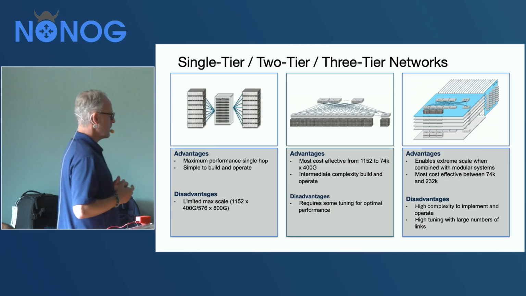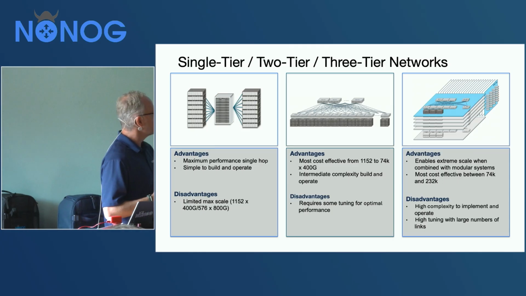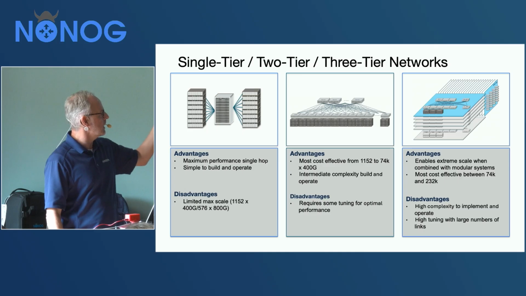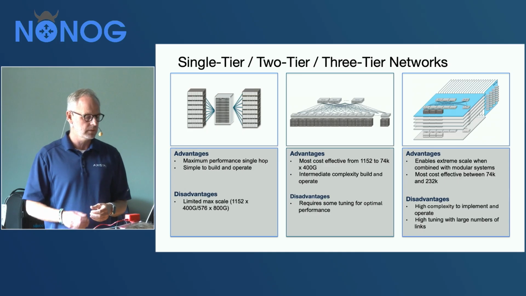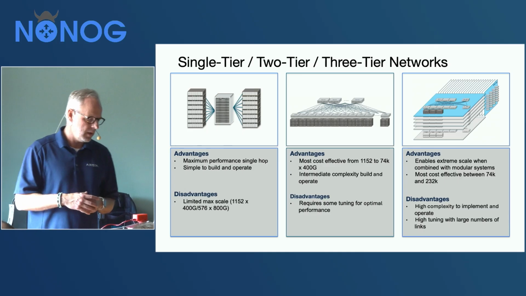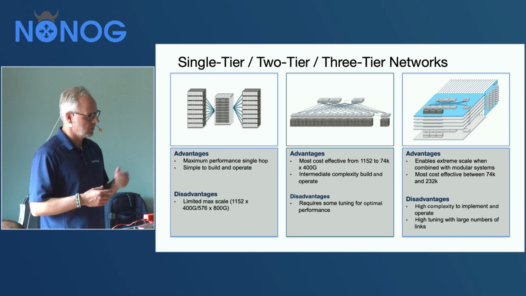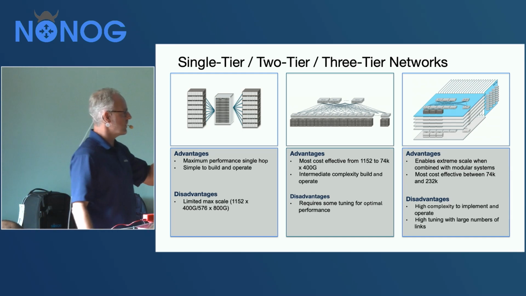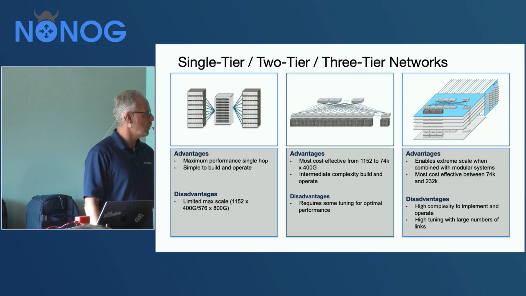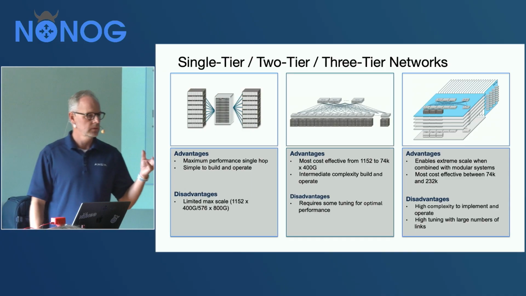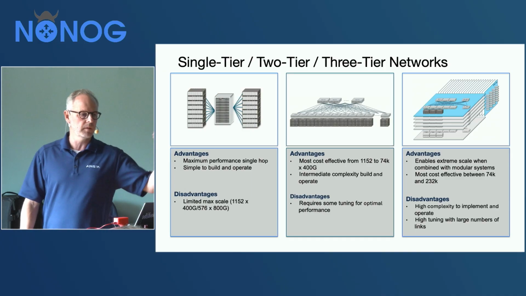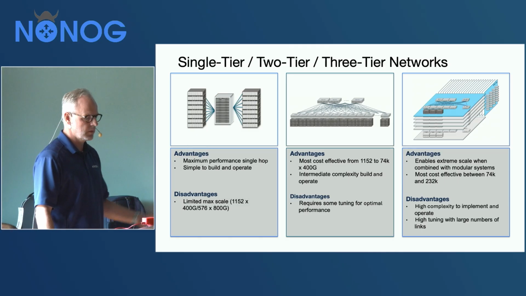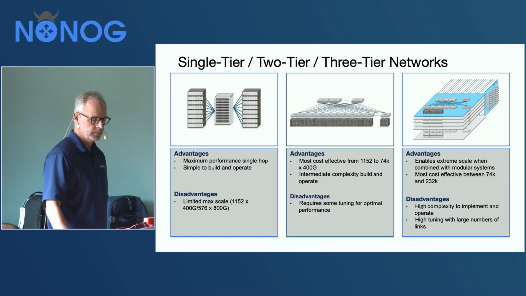If you want to go higher, you need to build a two-tier model where the leaf switches connect to the GPUs, and then the leaves are connected to the spines. So every GPU can talk to every GPU in the cluster. And then we have the three-tier model where you build pods with two tiers and then connect them into a super spine. Then you can scale really high, over 200,000 GPUs.